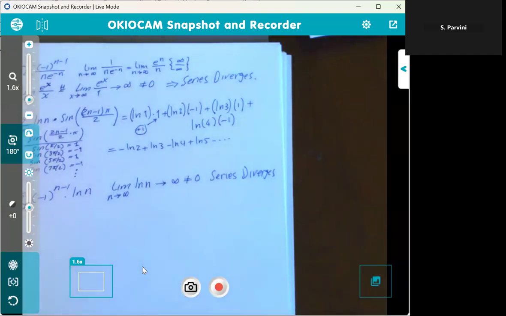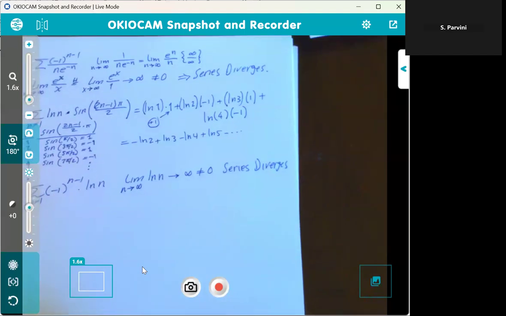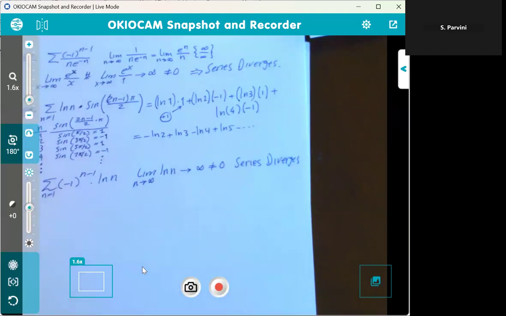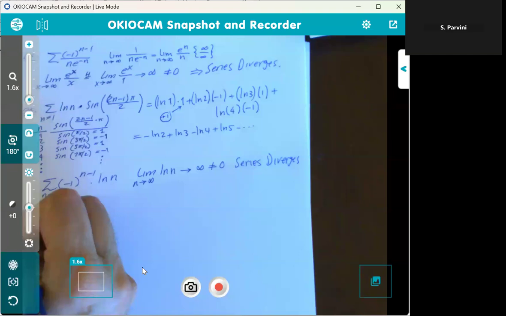So you see how that works? Now, if the series diverges, there's no need to test to see if it's decreasing. As long as it fails one of the 2 conditions, it's going to fail the test.